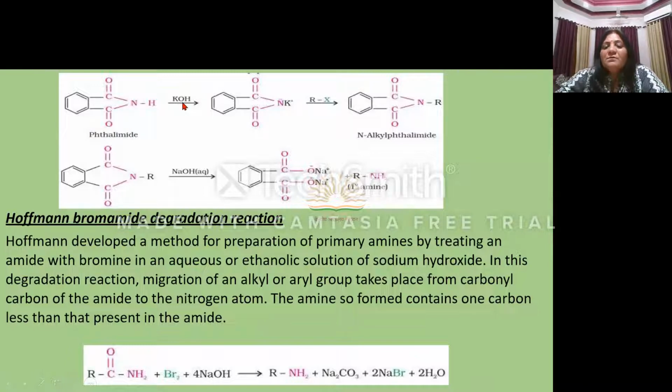It forms the potassium salt of phthalimide. Potassium phthalimide reacts with the alkyl halide RX. Then it forms N-alkyl phthalimide. Now this N-alkyl phthalimide reacts with aqueous NaOH, again alkali, and forms the sodium phthalate salt.